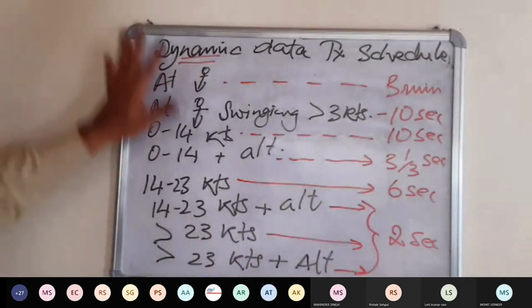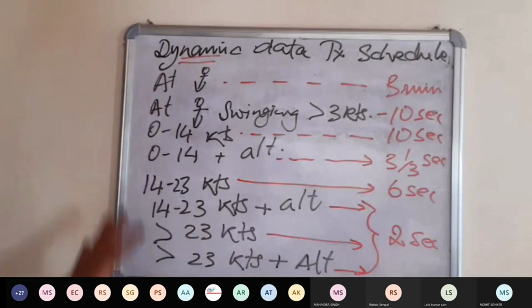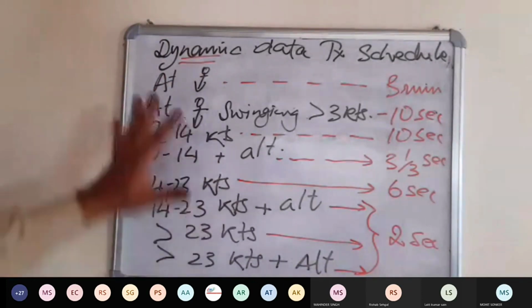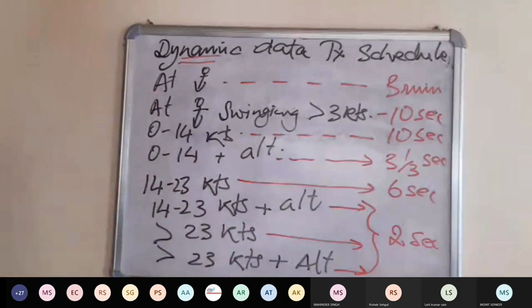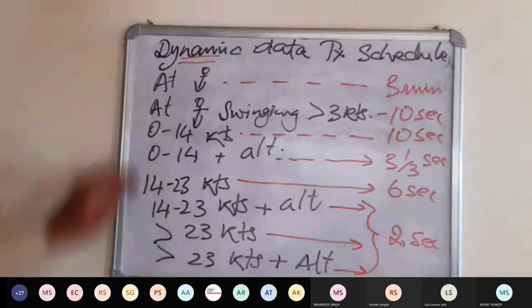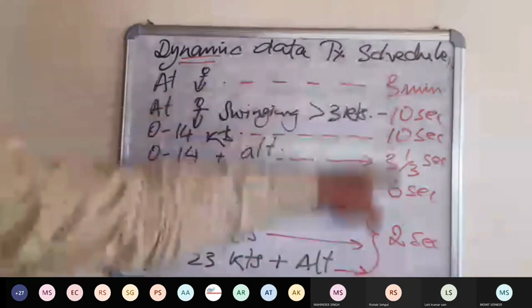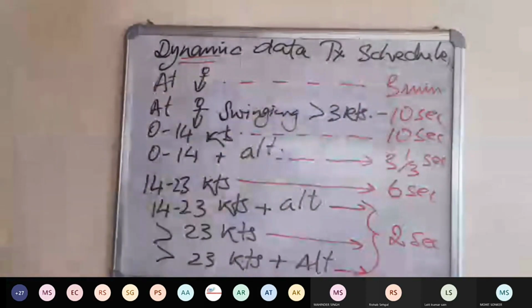So the AIS will automatically sense its speed and alteration of course. अगर हेडिंग चेंज हो रही है तो वो समझ रहा है कि मैं अल्टर कर रहा हूं. अगर नहीं चेंज हो रही तो स्टेडी कोर्स है. Speed is also obtained, so reference is taken from there. Automatically seeing the kind of situation the ship is in, it will transmit at this rate.